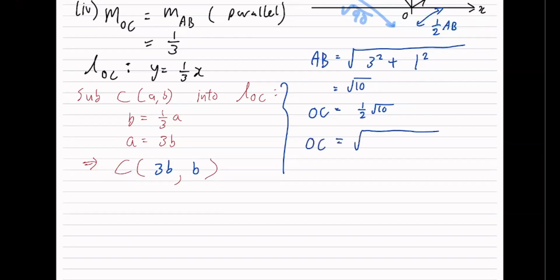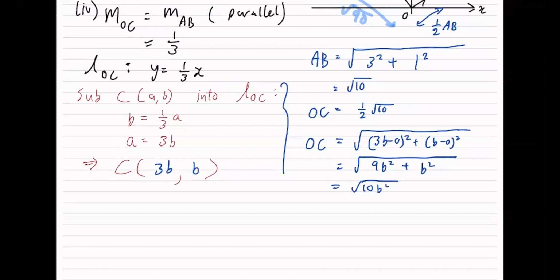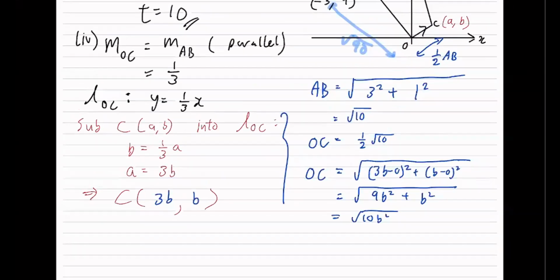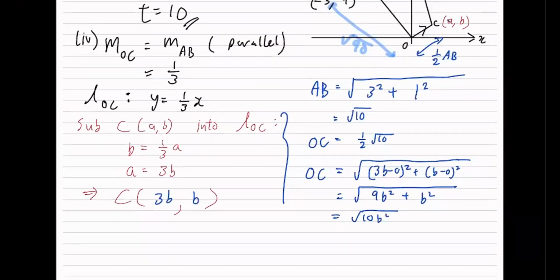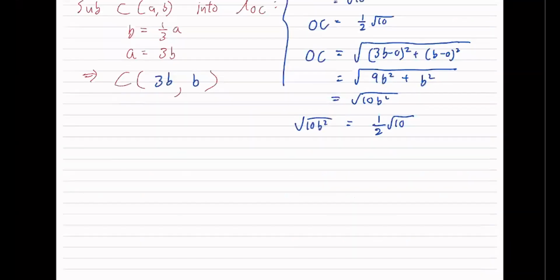Yes, square root of (3b minus 0) squared plus (b minus 0) squared. Simplify: 3b squared is 9b squared, plus b squared, we get 10b squared. So square root of 10b squared equals half root 10. What can I do now to solve for b?